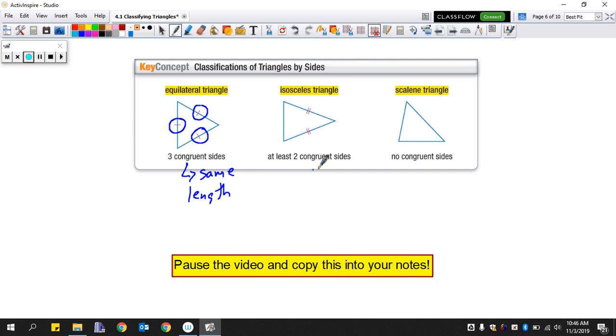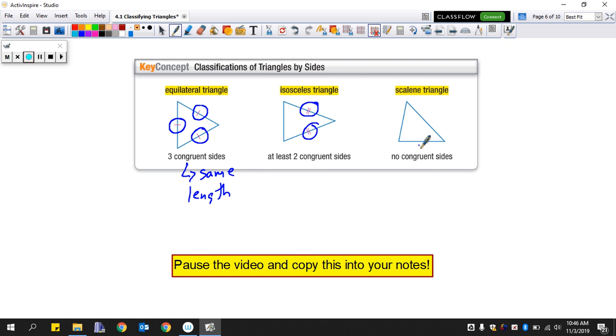And then a scalene triangle is one where all the sides are different lengths. There are no congruency hash marks there, and all three of the sides are different lengths. So that is a scalene triangle. All right, so let's go ahead and pause this video and copy this table into your notes.